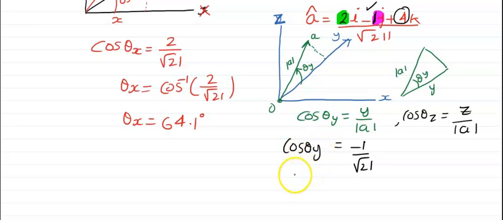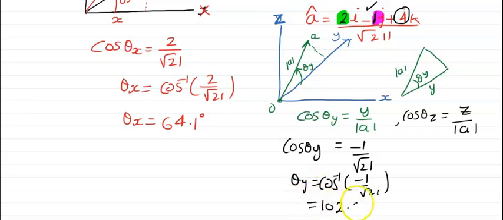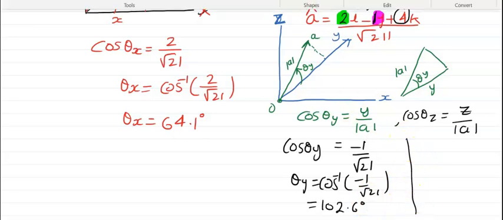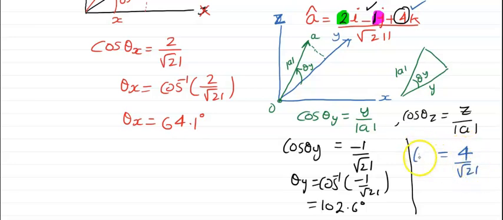And theta y is cos inverse of minus 1 over root 21. If we put this value in a calculator, it comes to 102.6 degrees. The last one is cos theta z, which is z over modulus A. Here the z component is 4, so cos theta z is 4 over root 21. So theta z will be cos inverse of 4 over root 21, and that will be 29.2 degrees.